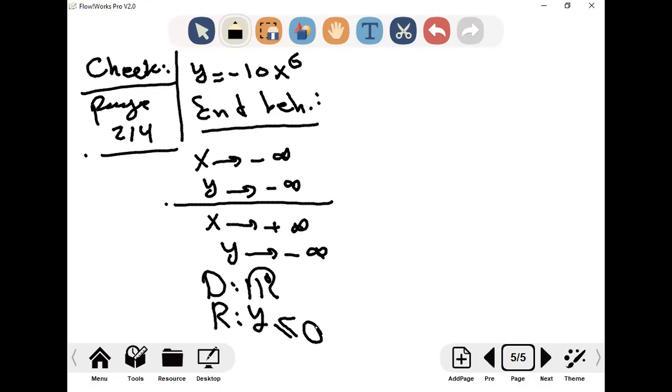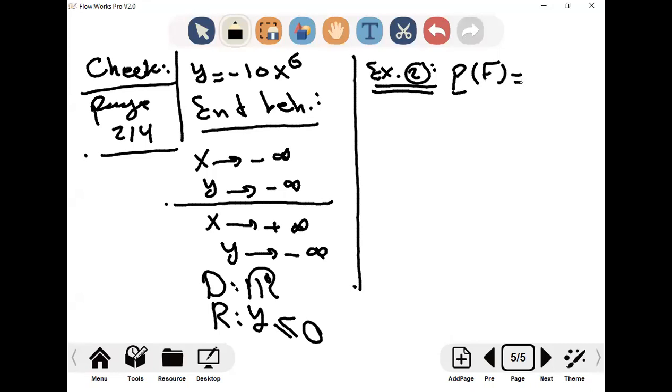So let's talk about example 2 directly. In example 2, the function is given. It is about water to flow through a garden, something for physics, right? P of f is given as 3 over 2 f to the power of 2. So here, which case? Case 1, A is positive and n is even, right?